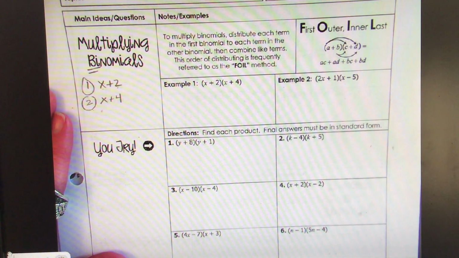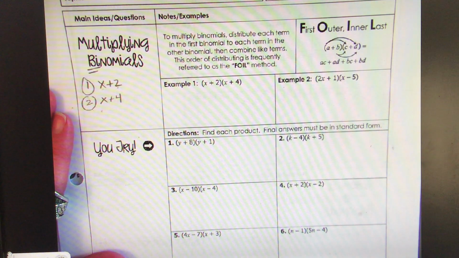Yesterday we learned about what happens when you multiply a monomial, or one term, by a binomial, and we reviewed the idea of winking and smiling and using the distributive property to make sure that you take care of all of the terms when you multiply them out.